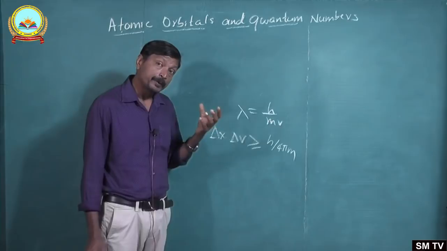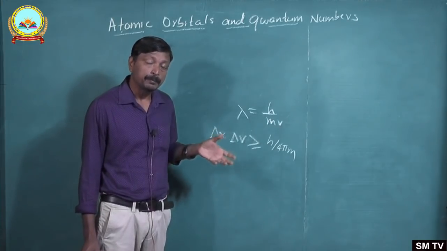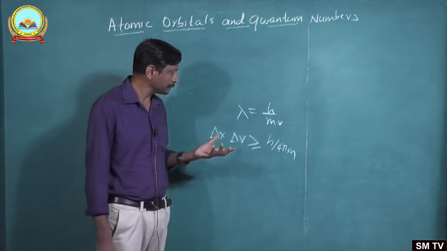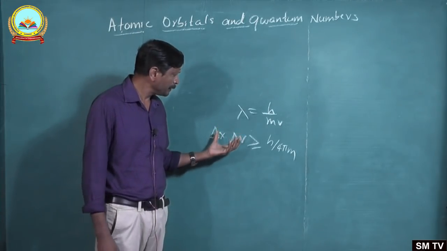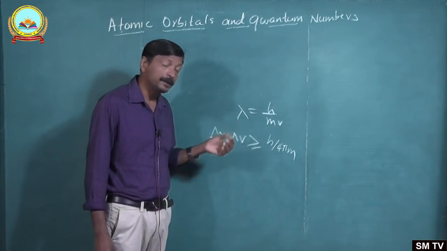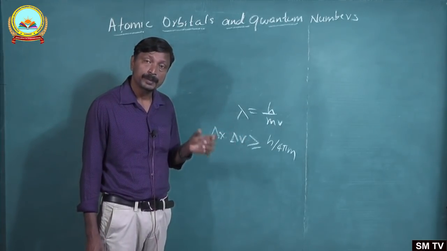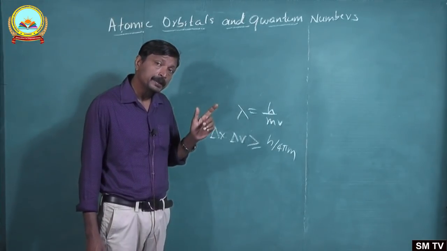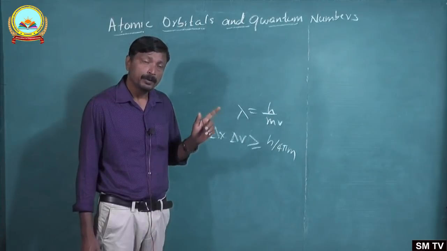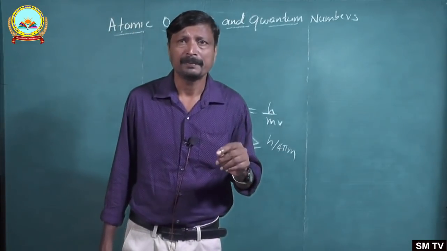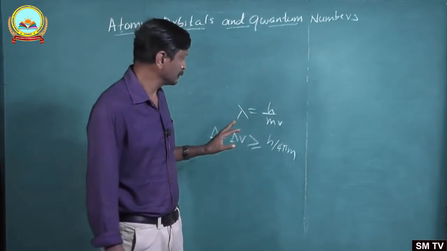But for macroscopic particles, for example a moving ball or a moving bullet, delta x and delta v are very small. That means their position and momentum or velocity can be measured certainly. So here Newton's law works.